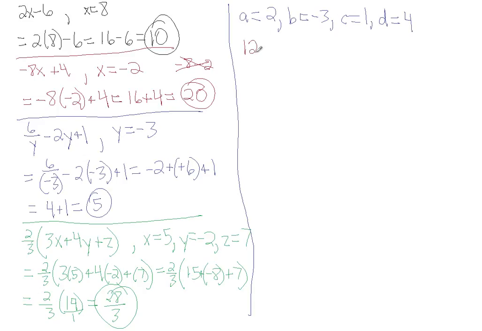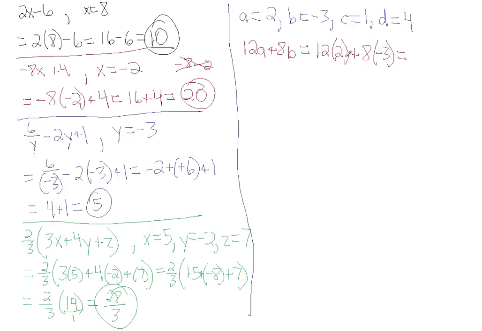Let's say we have 12a plus 8b. Okay, what do we do here? Well, we know the value of the variables a and b. a equals 2, b equals negative 3, so we can substitute those values into our expression. So we have 12 times a, which is 2, plus 8 times b, which is negative 3.